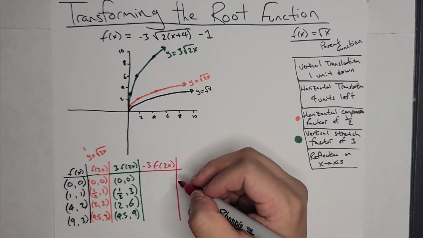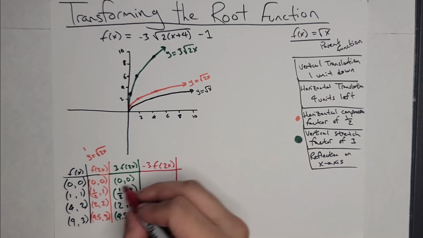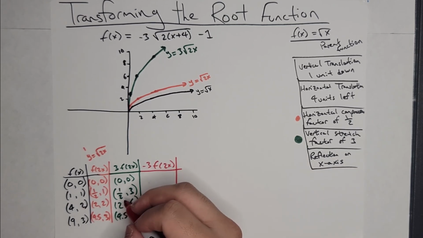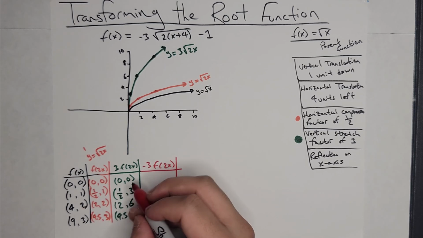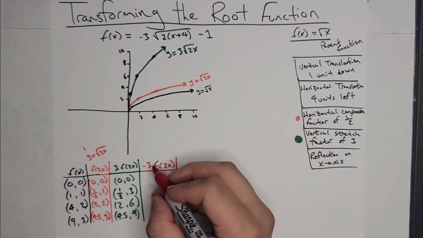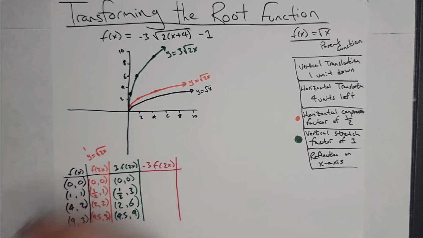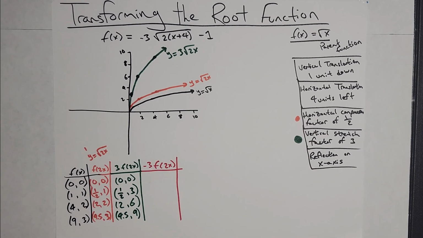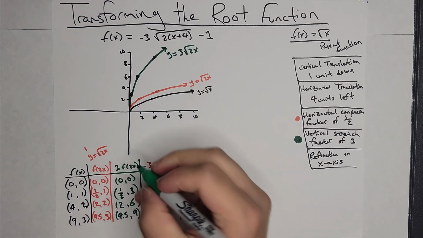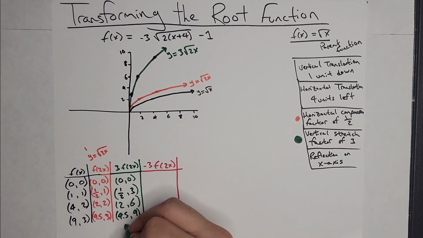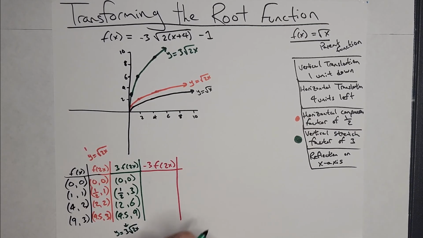So now, whatever we had before for our x, now our output, basically, so let me write that one out too. So this one here is y equals 3 times root 2x. So whatever the last one was is multiplied by 3.